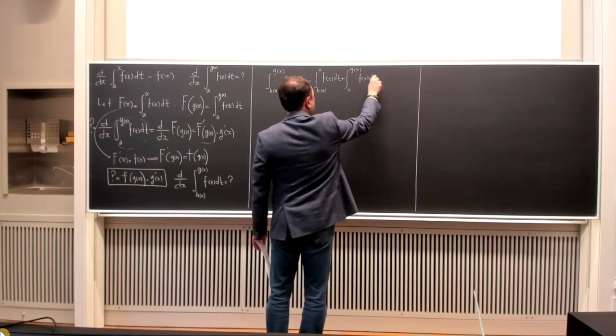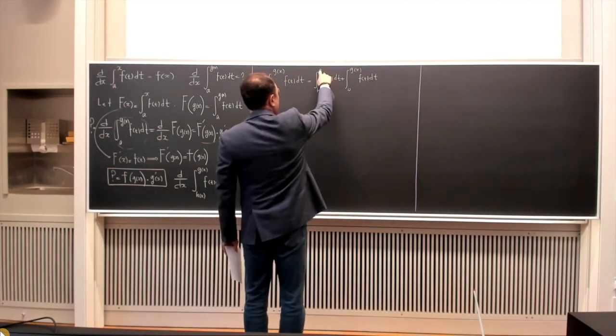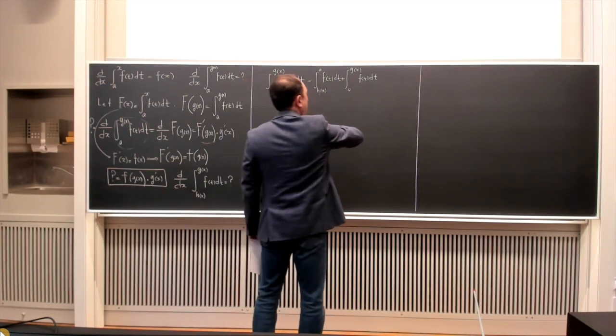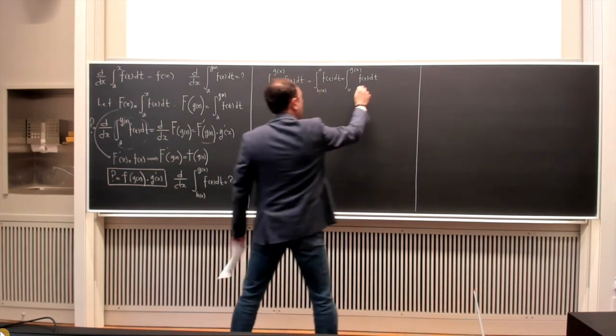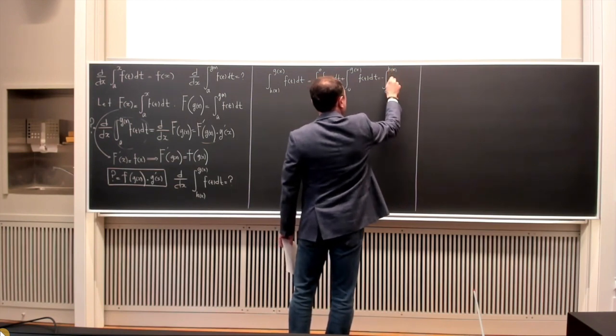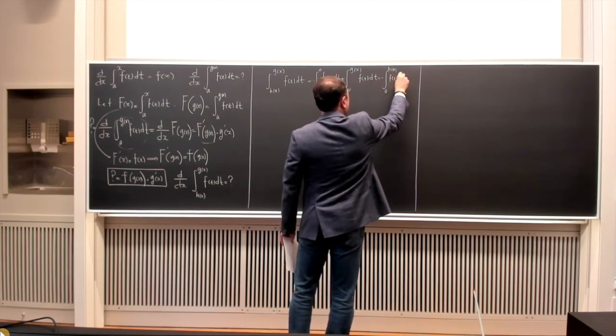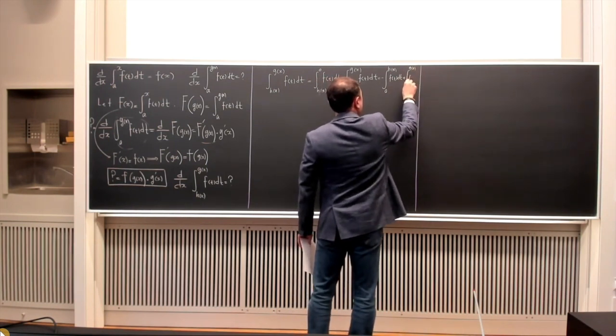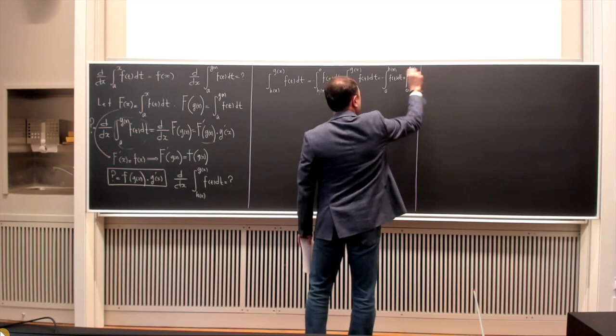Yes? But then you remember that I can swap these two limits, and the price that I have to pay is a negative sign there. So this becomes equal to minus the integral from 0 to h of x, f of t dt, and then plus the integral from 0 to g of x, f of t dt. Yes?